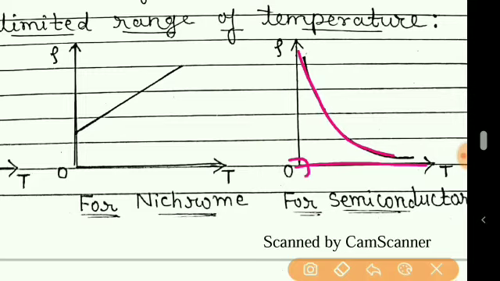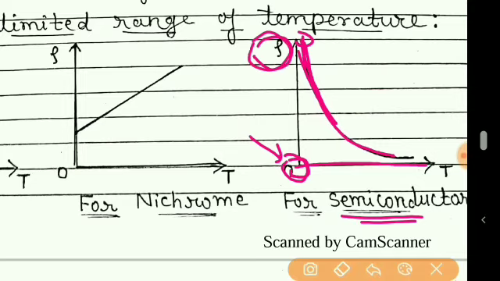At 0 Kelvin temperature, you can see that the graph starts from here and it moves in the down direction. So at 0 Kelvin temperature, its resistivity is maximum, nearly we can say infinite. And so at 0 Kelvin temperature, this semiconductor will behave as an insulator because of high resistivity.